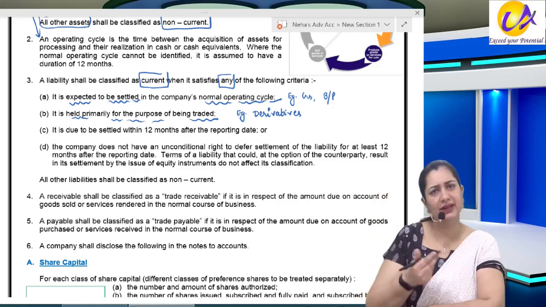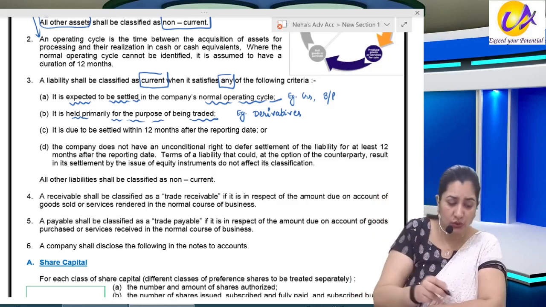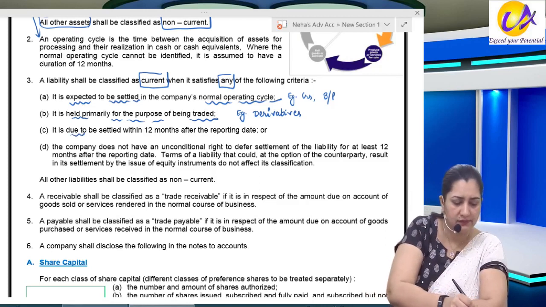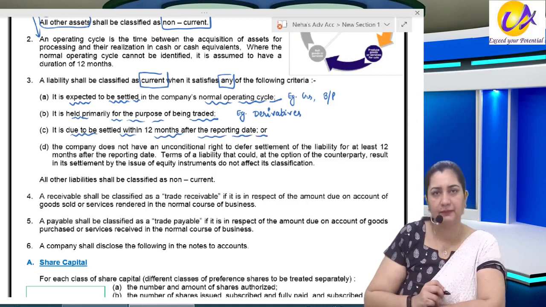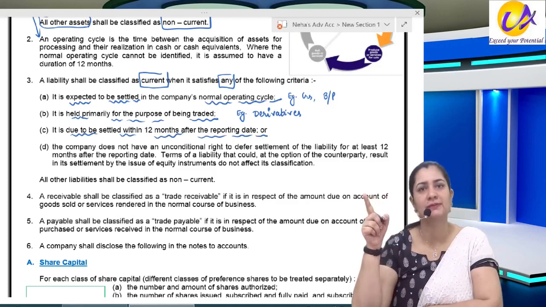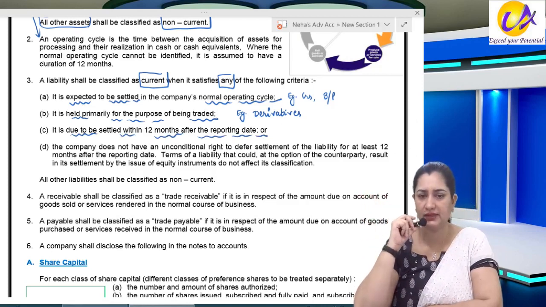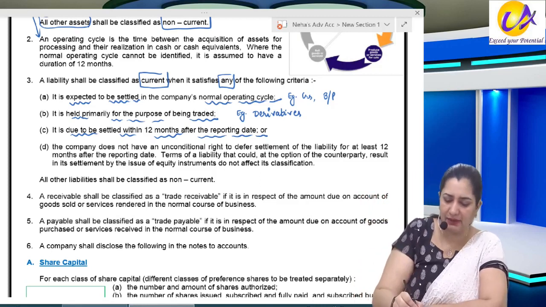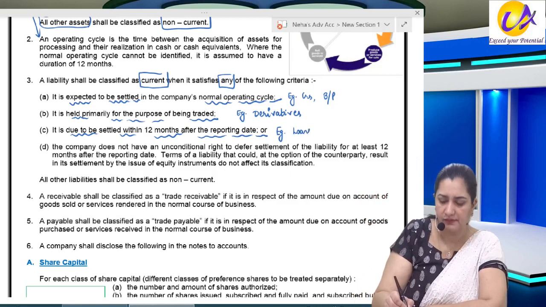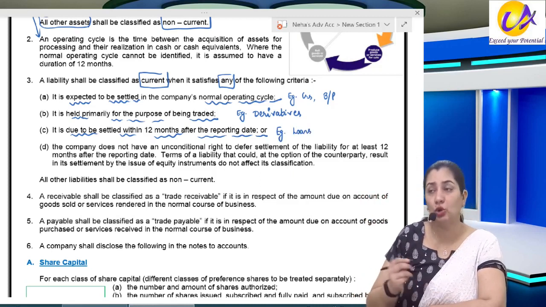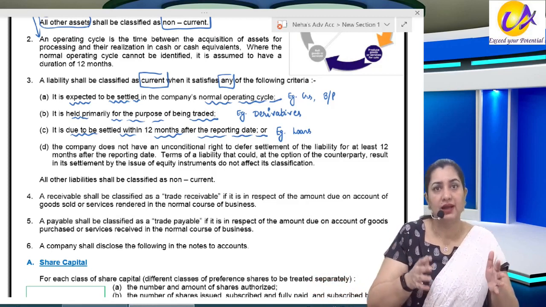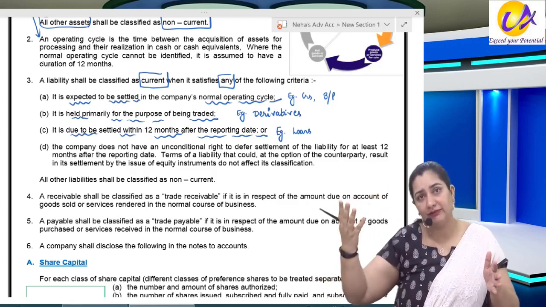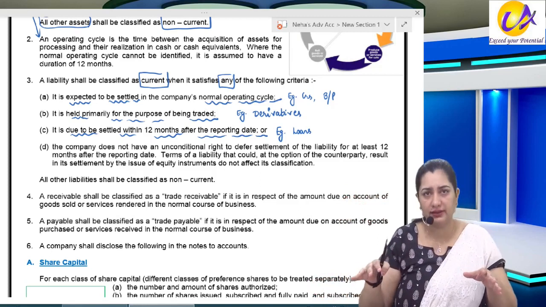Third one, very expected. It is due to be settled within 12 months after the reporting date. So if you are expecting to pay it within 12 months, it is due to be settled. For example, let's say loans. Loans which are payable within 12 months, we will show as current. And loans which are payable after 12 months, we will show as non-current.